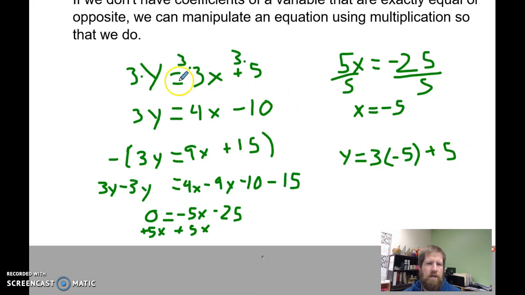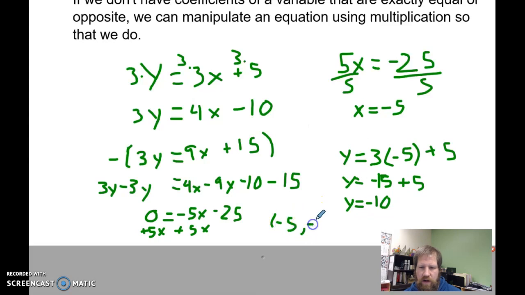The reason it's easiest to go back to that original one, the one you multiplied, is that since it started at 1, it's already isolated for me. 3 times negative 5 is negative 15 plus 5. So y is going to equal negative 10. And that's my point: negative 5, negative 10.